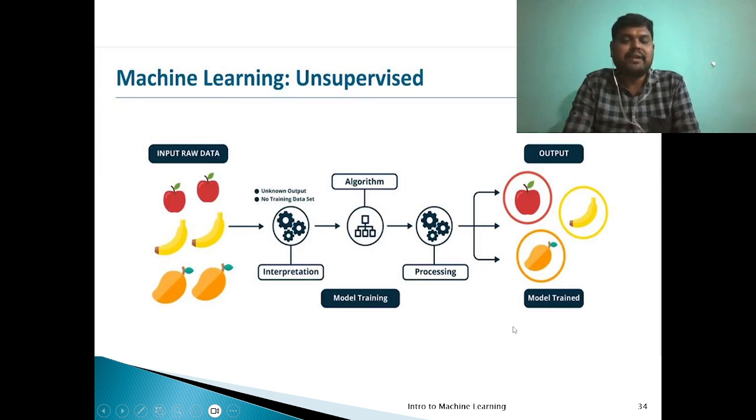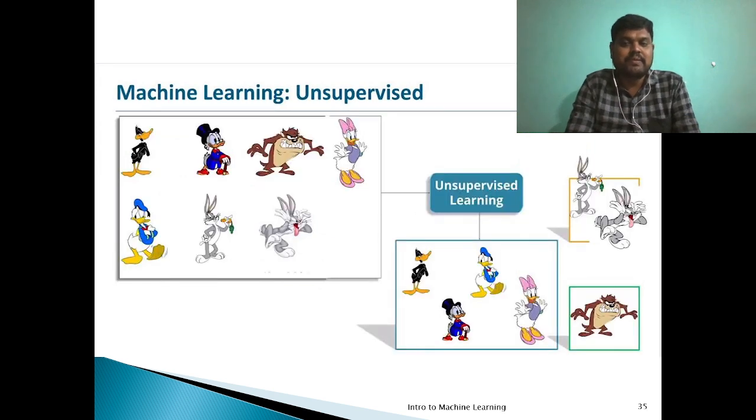It will not predict anything, right? The primary objective of an unsupervised algorithm is to group similar items, and the grouping will not happen in a single step. It will take more iterations to finalize the grouping, right?